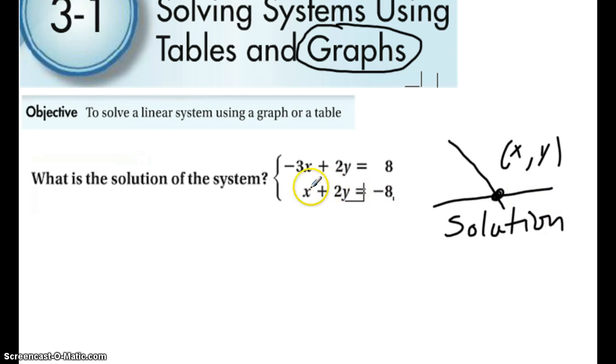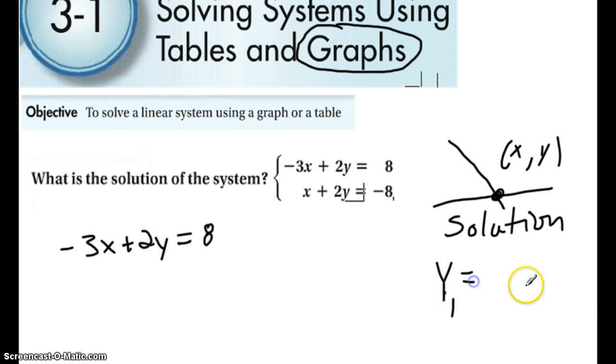So let's go ahead and set these up to be graphed. First equation. If you haven't already noticed, it's not too easy to plug that into the Y screen, into that Y1. If you recall from your calculator, you have to have things set up in y equals mx plus b form. So in essence, we have to solve for y.